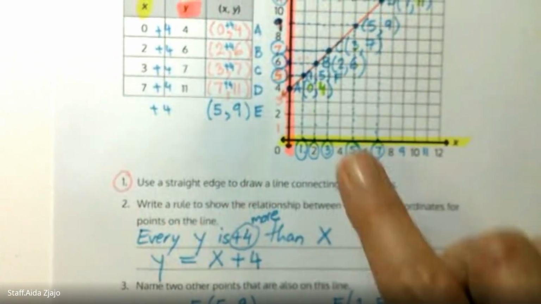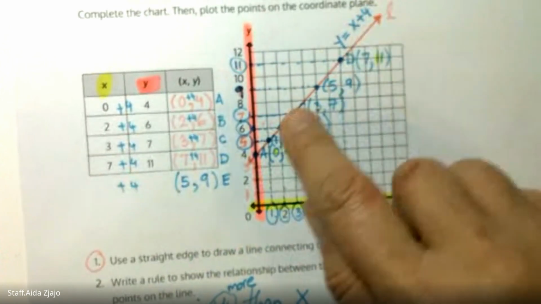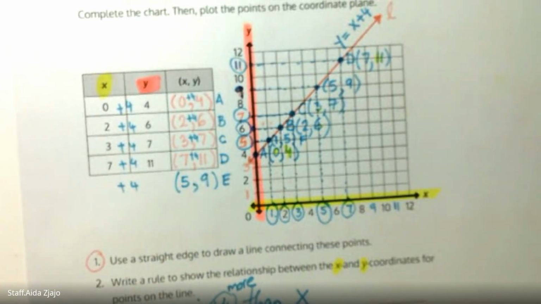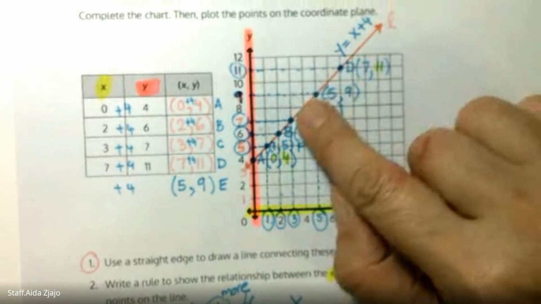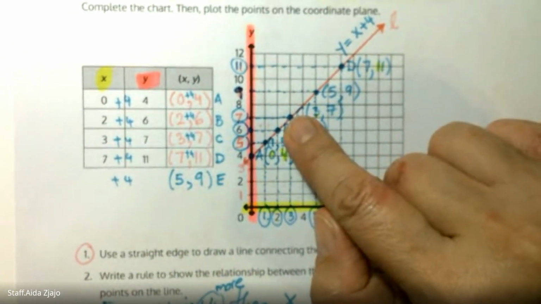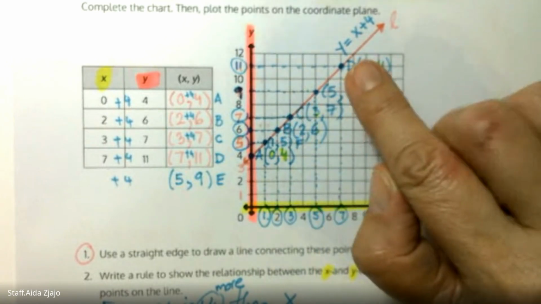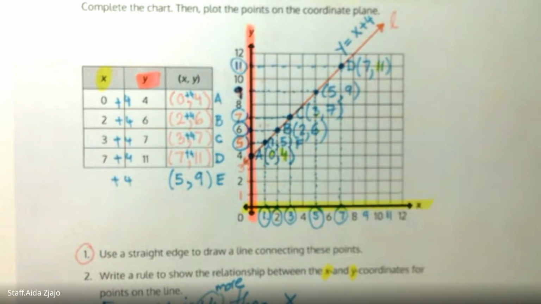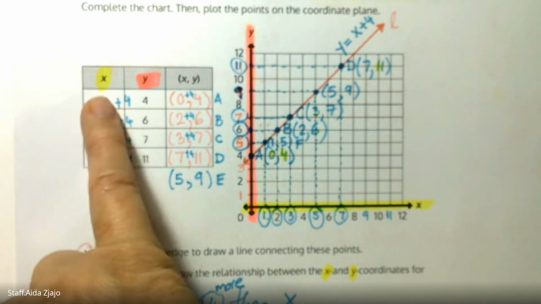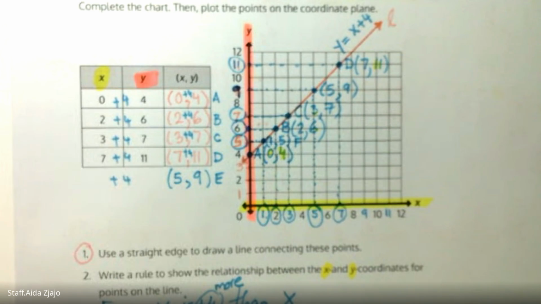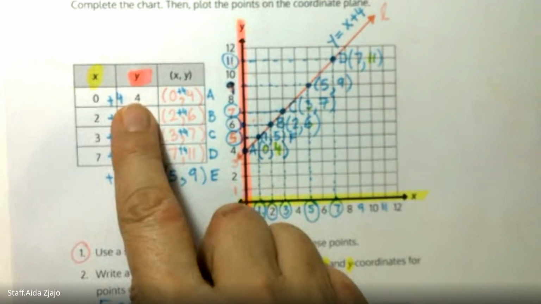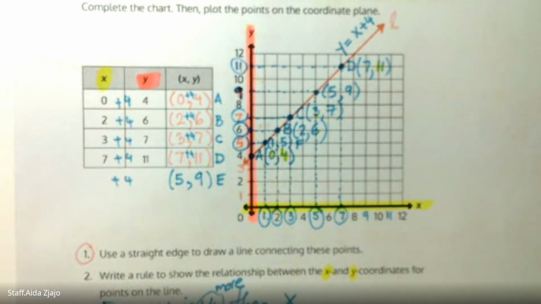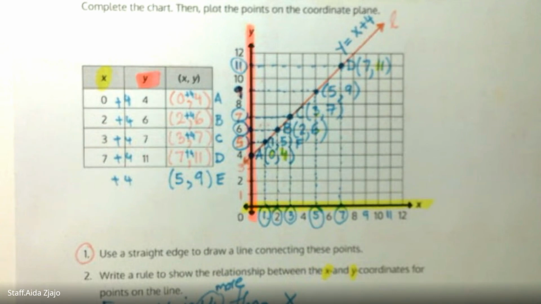If the points are on a linear line, each point follows the rule, and this rule happened to be, if you know x, to find y, you need to add 4 to x.